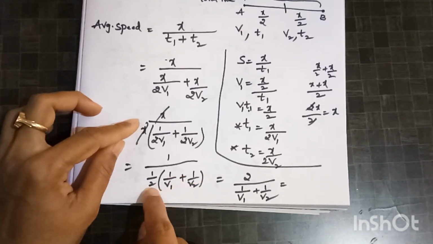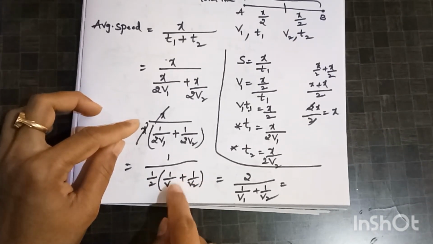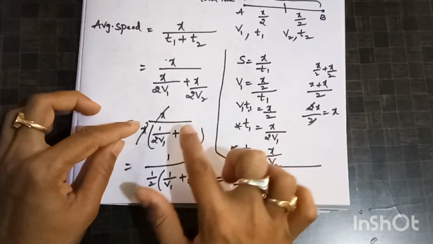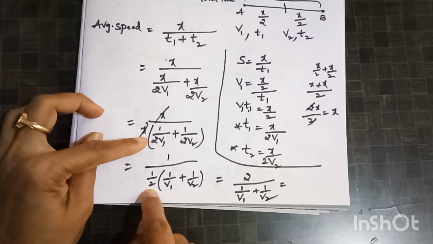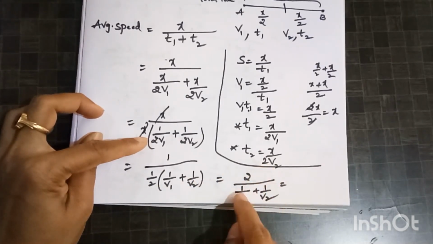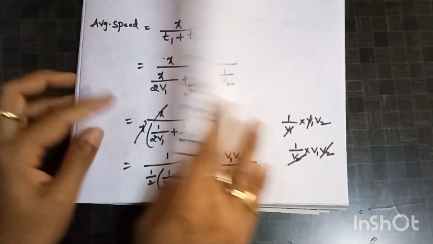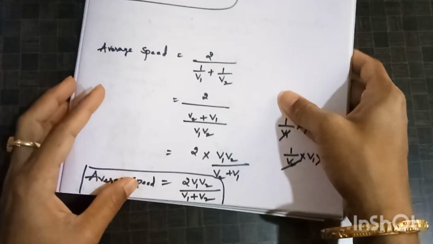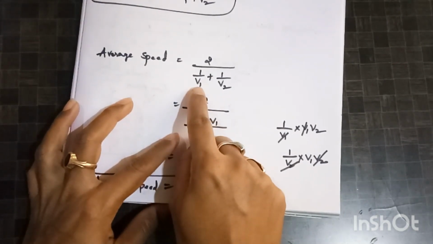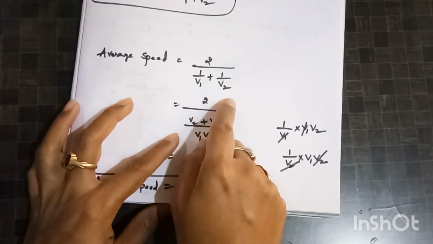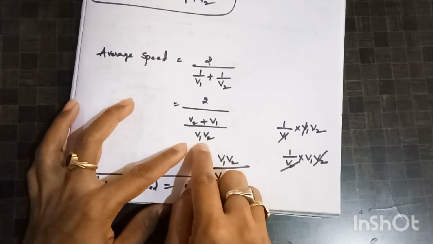Taking the reciprocal of 1 by 2, we will get 2 divided by 1 by v1 plus 1 by v2. Now I am taking the LCM of 1 by v1 plus 1 by v2. We get the LCM as v1 v2.